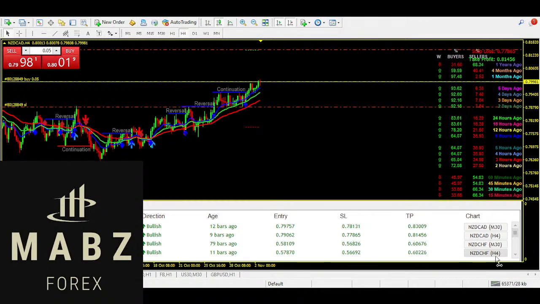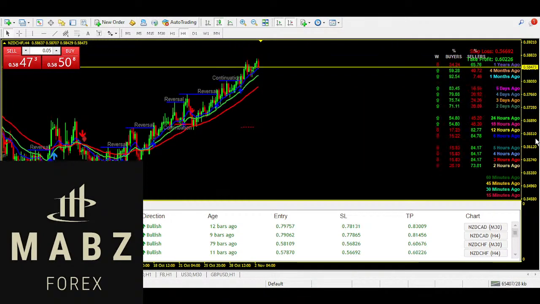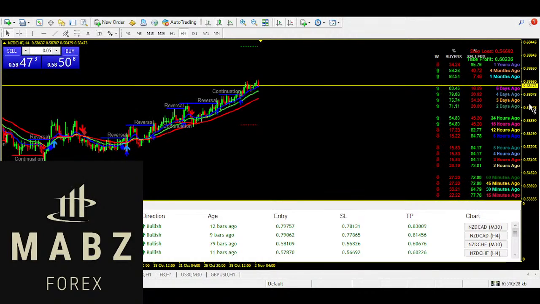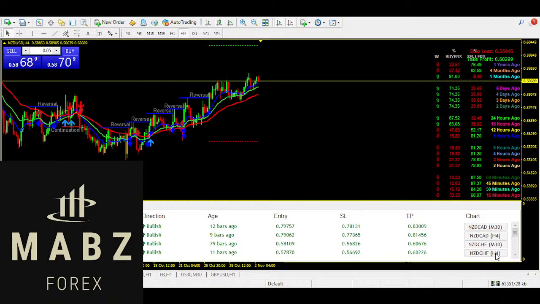Okay, and then let's look at NZD CHF. We can actually take a buy on this, but since I already took a trade on NZD CAD, I don't want to have bloated trades here. NZD USD, since it is a major, I'm going to go in for a buy right there where the current market is.